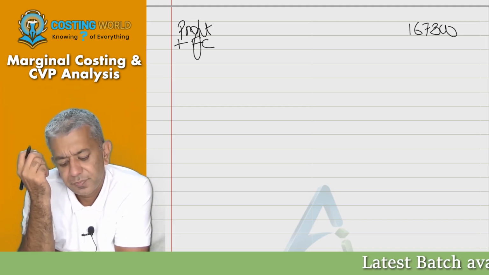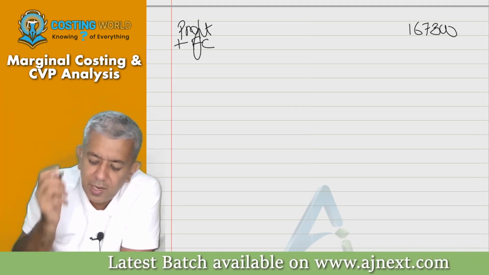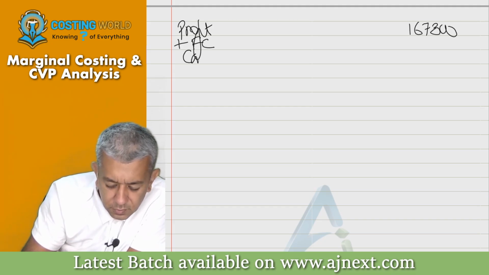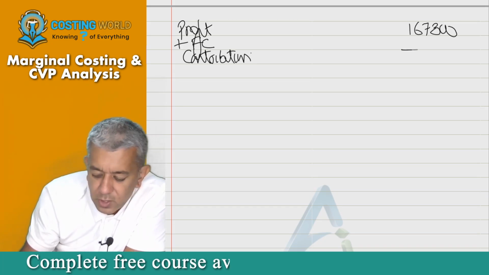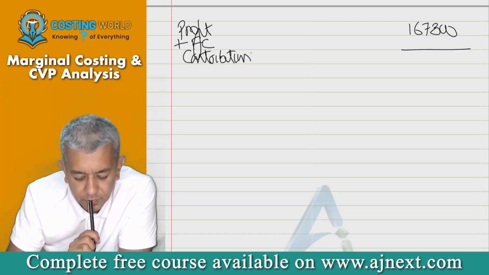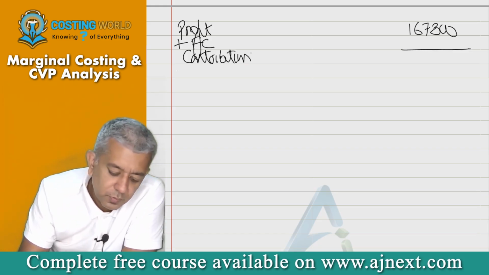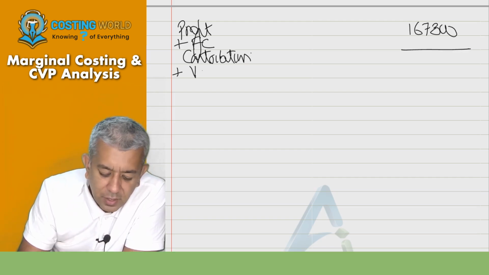Write down: profit add fixed cost will fetch you all the contribution. Now add variable cost.